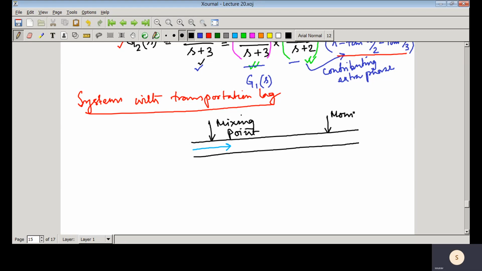This is the monitoring point. So now it is clear that water is flowing through this pipe.